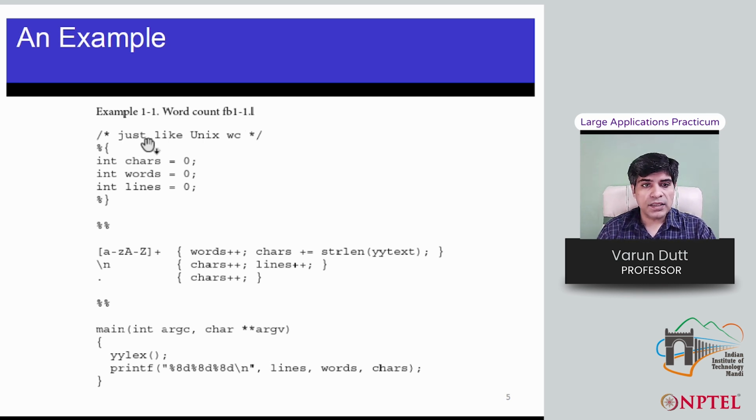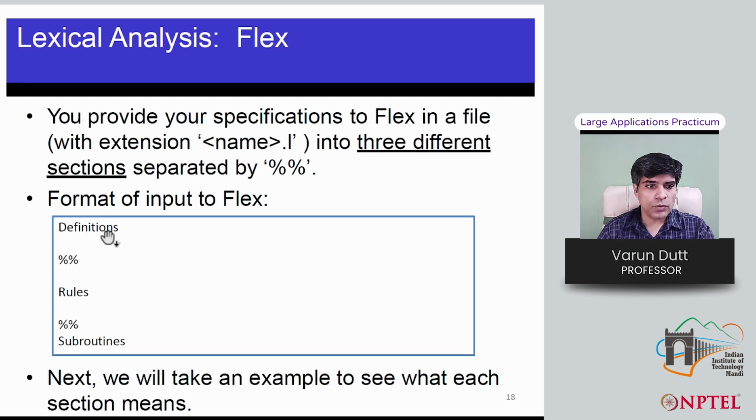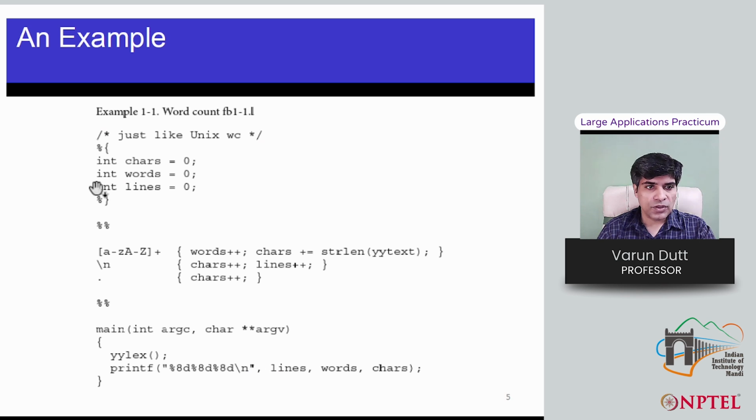The first part of the program has the percentage open bracket and percentage closed bracket, and this part, as I was telling you, is the definitions part. It creates different variables, and sometimes this part is copied as is into the C program which will get created from the .l program.